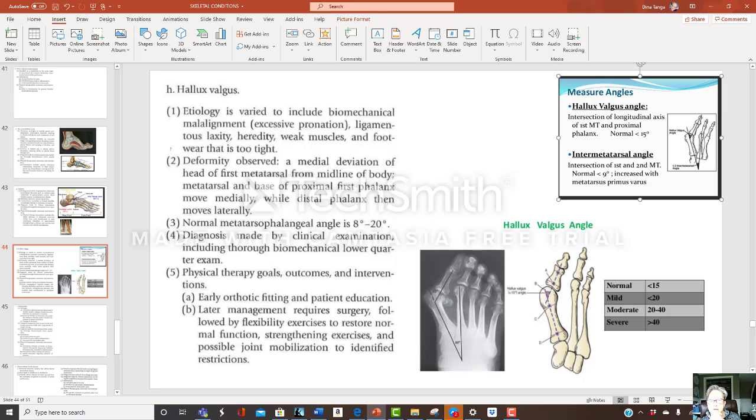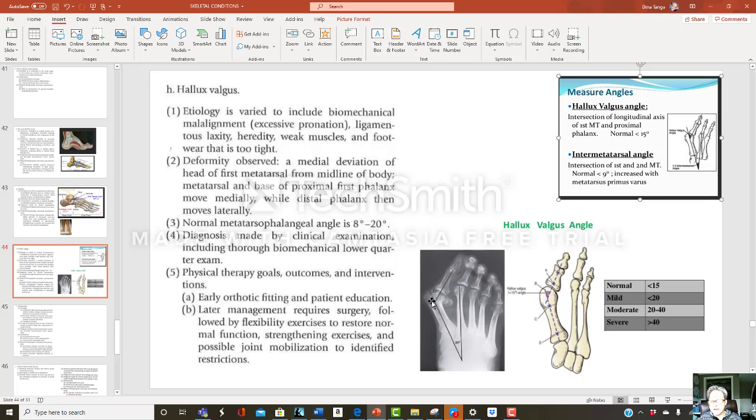Okay, so deformity observed, medial deviation of head of first metatarsal from midline of the body. So we have two feet together.